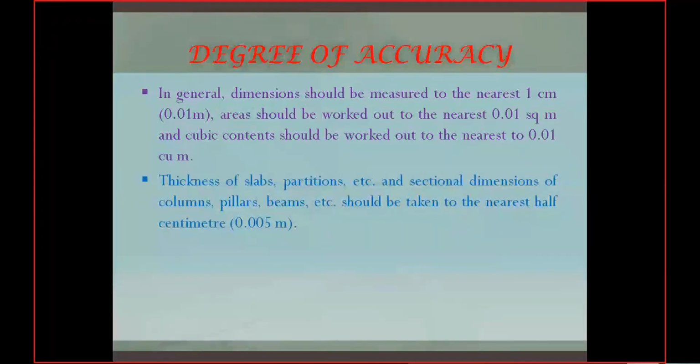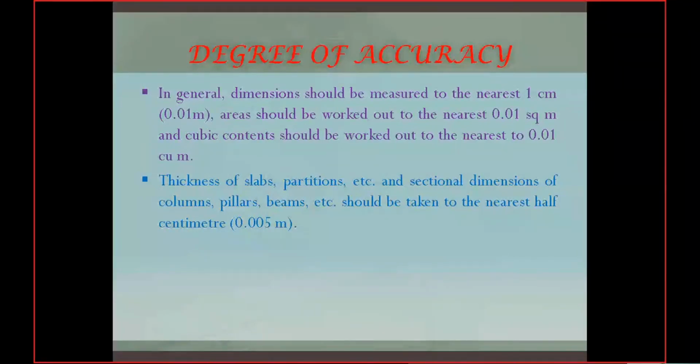Coming to the thicknesses of slabs or partition walls, or sectional dimensions of columns, pillars or beams, when you are finding the thickness of a slab or partition wall, or the cross-sectional dimensions of a column, pillar or beam, you need to consider the nearest half centimeter.